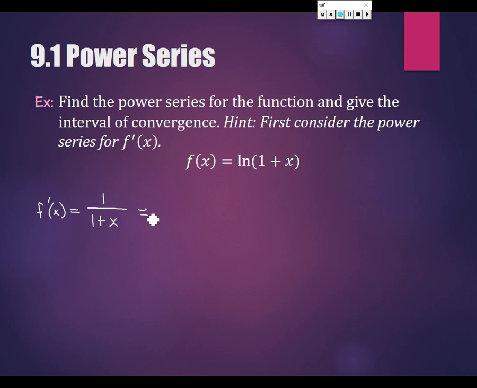Maybe we want to write it out in long form, and then we can also write it out as a tight summation notation. So what is it? It's just 1. What's the common ratio here? It's not x. It's actually negative x. Okay. So 1 minus x plus x squared minus x cubed plus dot dot dot. Yeah. Or if you want to write it in summation notation, it's this.